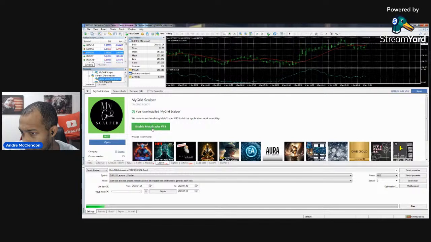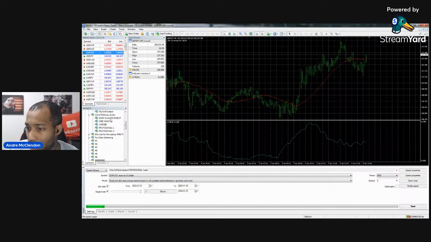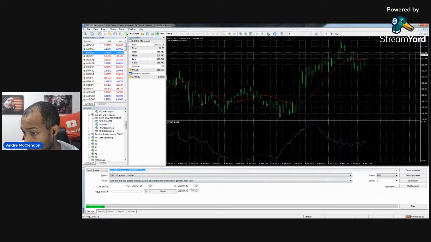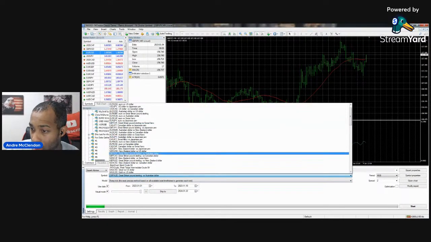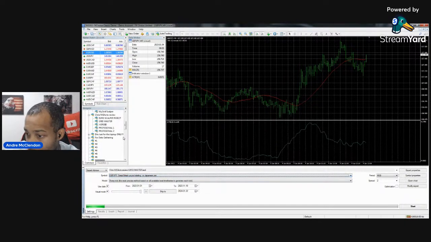It says My Grid Scalper. I'm testing out this robot here to see how it is. My Grid Scalper, Master Scalper, Grid Master. Okay, maybe that's it. We're going to test it on pound yen and hit start.